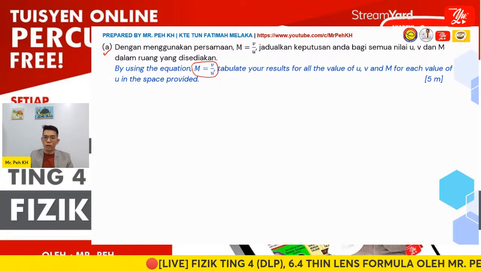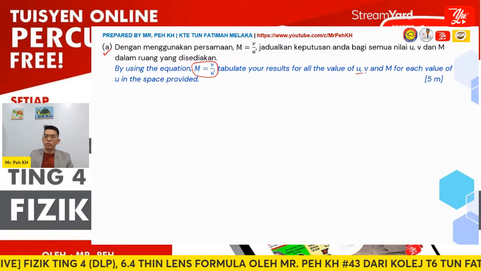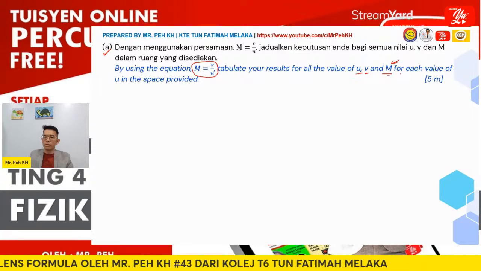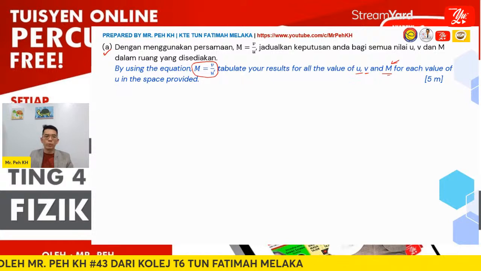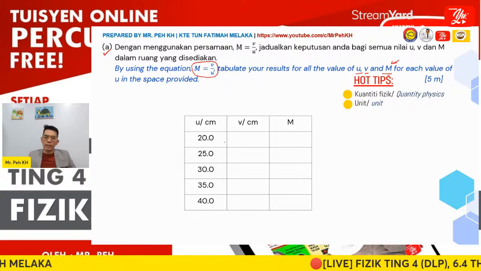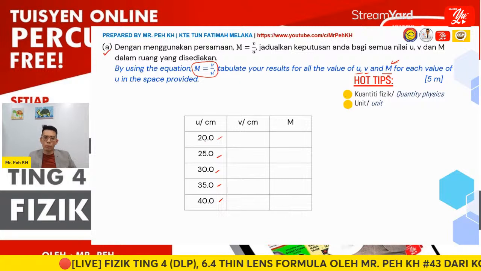So tabulate your result for all the values of U, V, and M here, where M is the magnification, for each value of U in the space provided. Here again I'm using the same U, which is requested by this question also, started with 20.